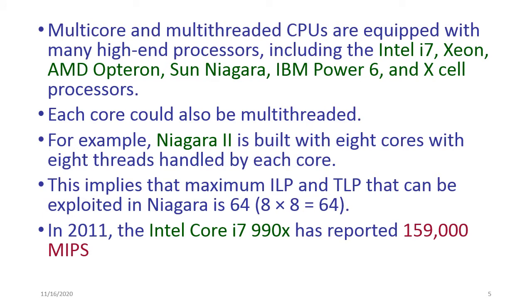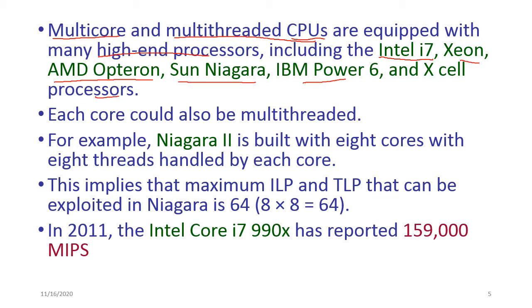Nowadays all the high-end processors include multi-core and multi-threaded technology. That is, all modern CPUs are multi-core and multi-threaded CPUs, and these are some of the modern processors available in the market.